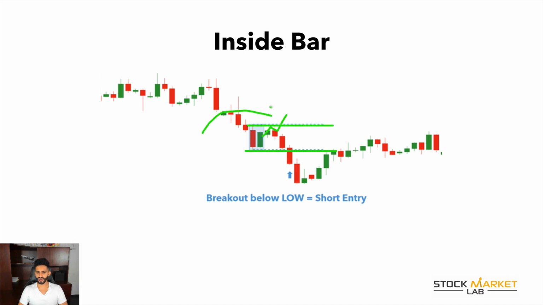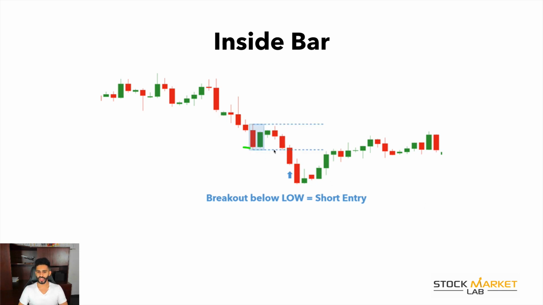So our trade entry would be there. If it can break that point, that's where our trade entry would kick in. If it doesn't kick in there and it breaks this point, then it is a continuation move where the stock took a break and it is continuing the sell-off. So you need to keep that in mind.